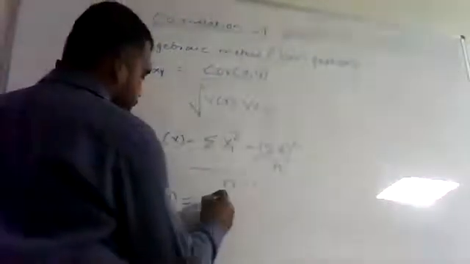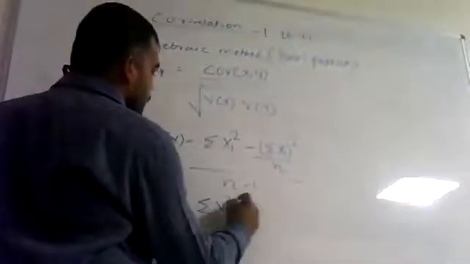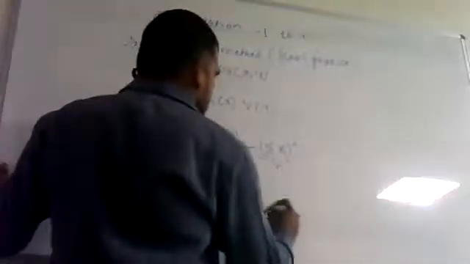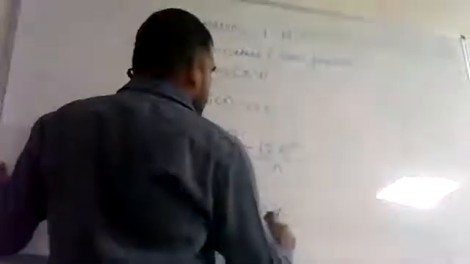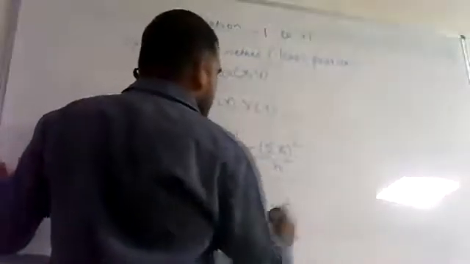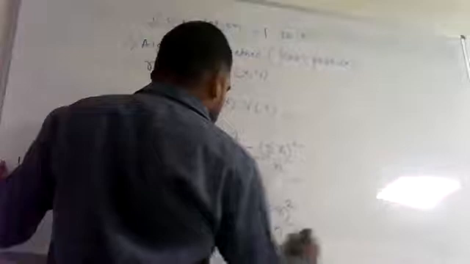Similarly, variance of y is given as summation of yi square minus summation yi bracket square divided by n, and whole divided by n minus 1.